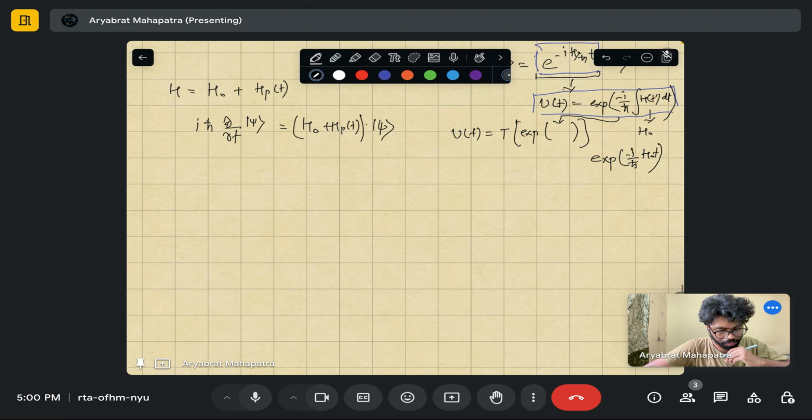Now if psi of t is given as exponential of minus i by h bar H naught t, chi of t, then using that in the Schrodinger equation.